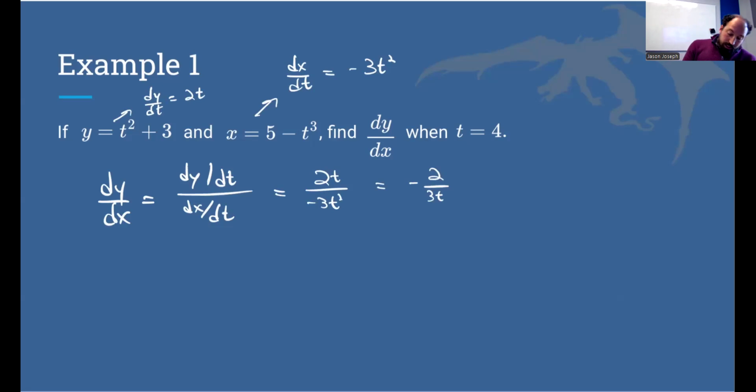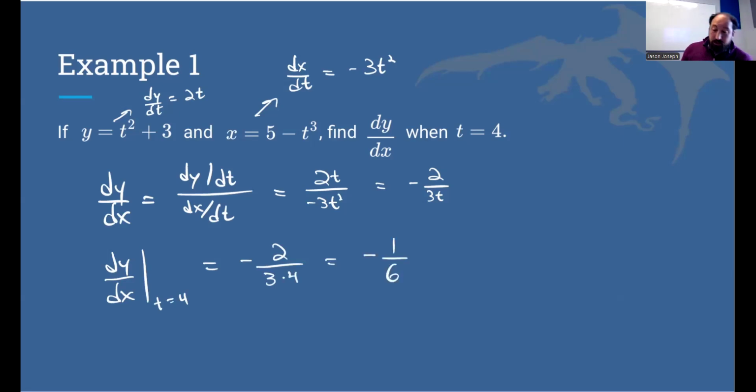And now to answer the question, dy dx, this bar means evaluated when t is equal to 4. I just plug in 4. Negative 2 over 3 times 4, which is negative 1/6. Okay, so not too bad.